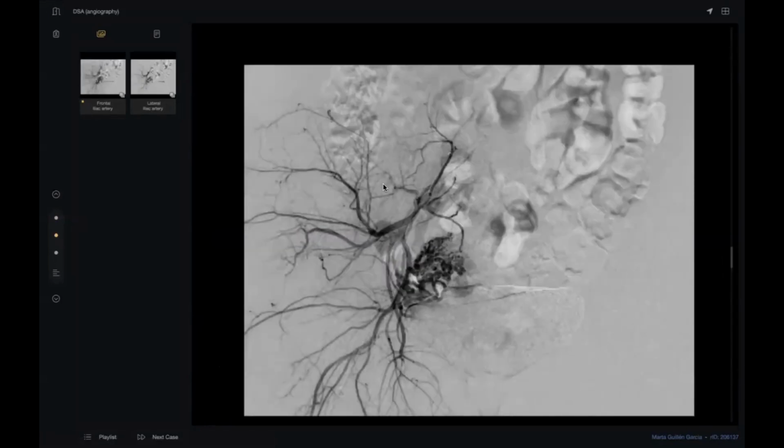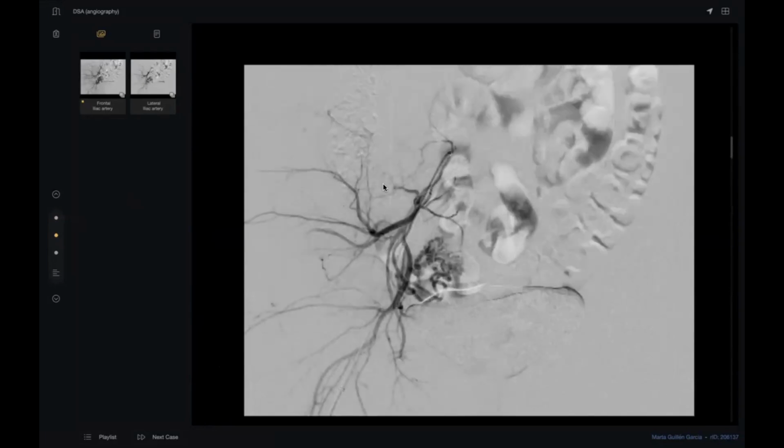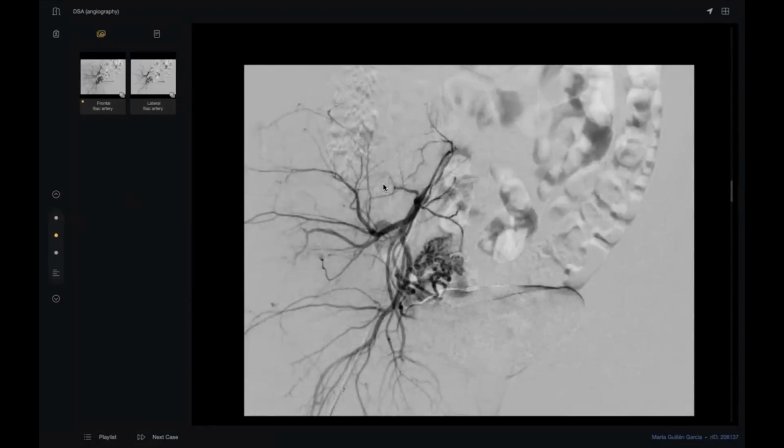Look here. Yes, there is a nidus within the uterine cavity, supplied by multiple dilated structures from the uterine artery and internal iliac artery. So this is a picture most likely suggesting AVM, and I will refer the patient. No, see, not AVM.